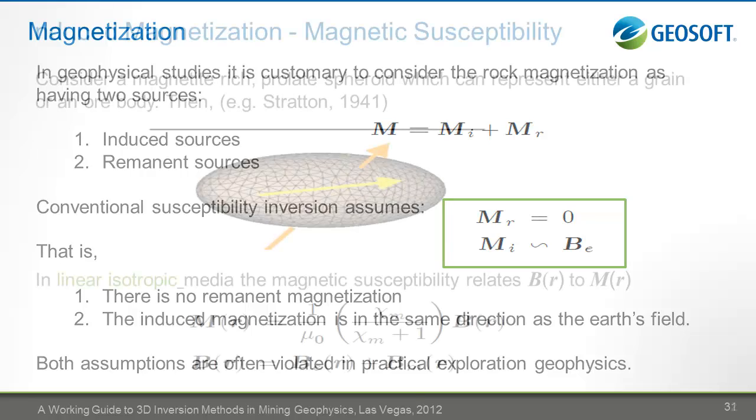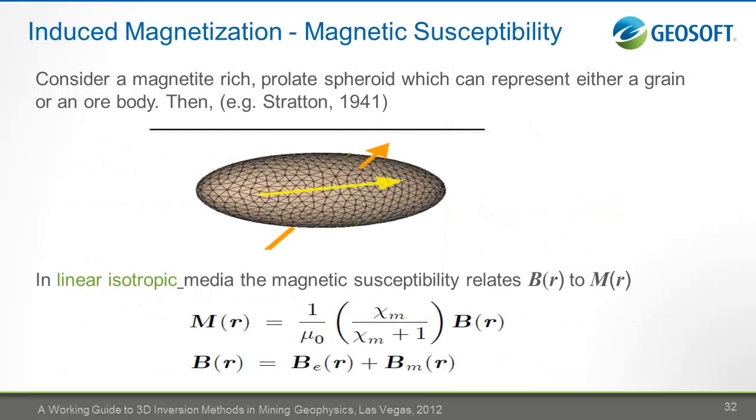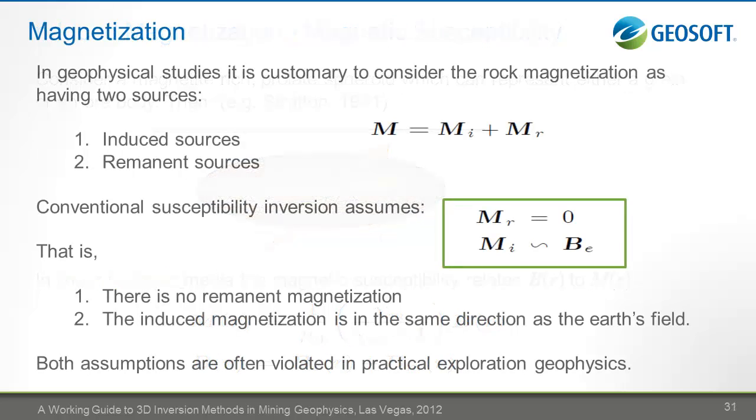Now I want to talk a little bit about the effects of those two assumptions. Firstly, let's consider induced magnetization only. Under the susceptibility approximation, the assumption is that the magnetization is in the same direction as the inducing field.